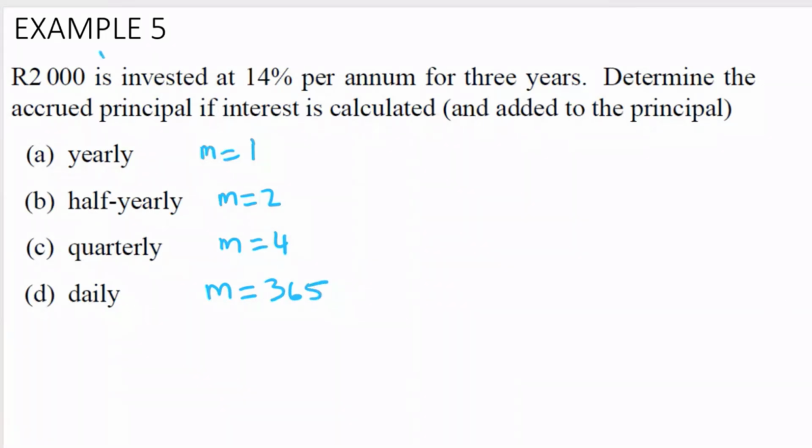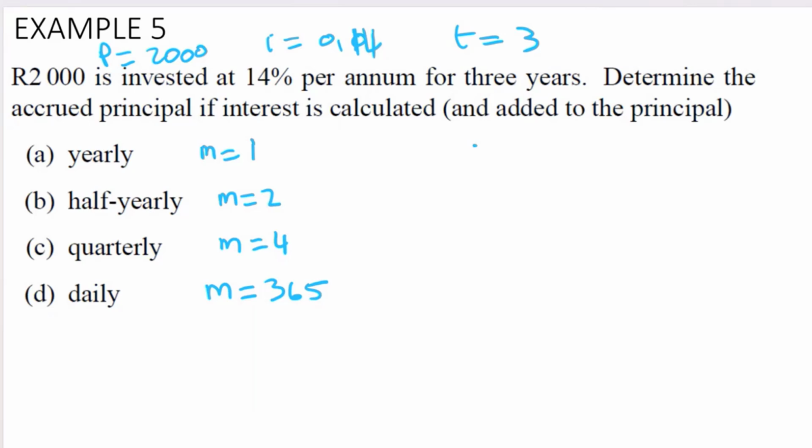2,000 is invested. Your P is equal to 2,000 at a 14% interest. So your interest is equal to 0.14, and then your time is equal to 3.